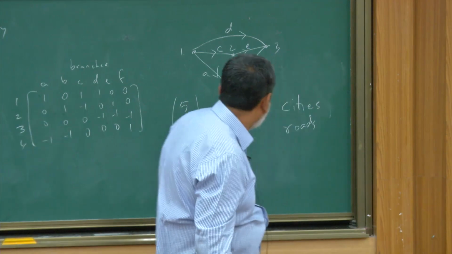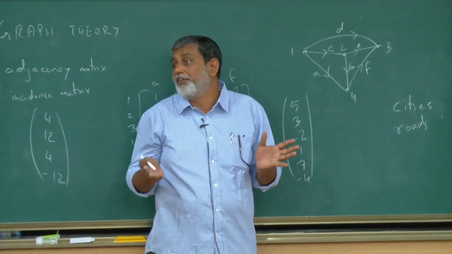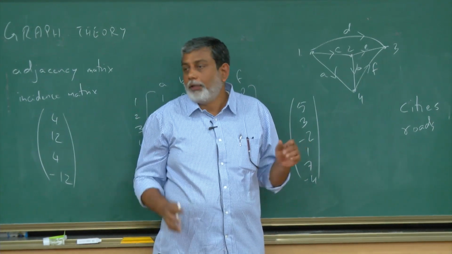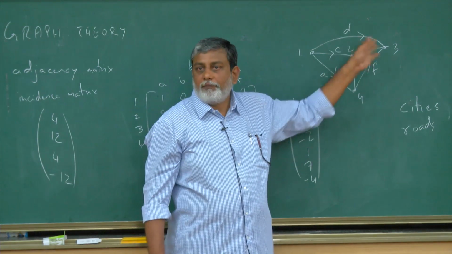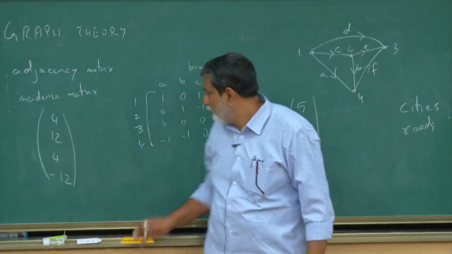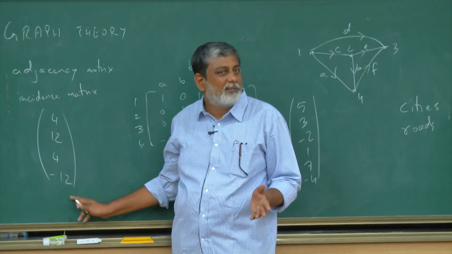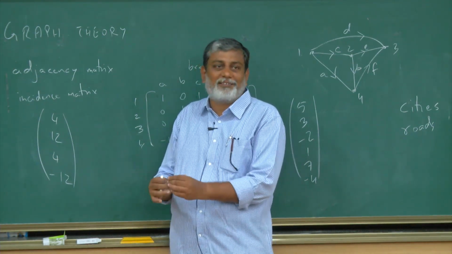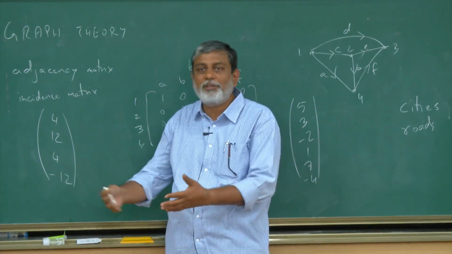For example, I could think of this graph as representing an electrical circuit, and I could think of these as currents. But if these were currents, then when I multiply this and I get something like this, that's not allowed, because current can't just stay there. Whatever current comes in must leave.